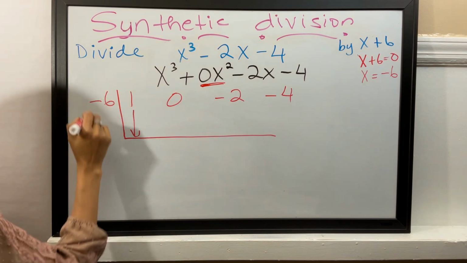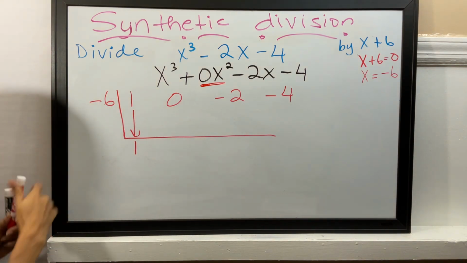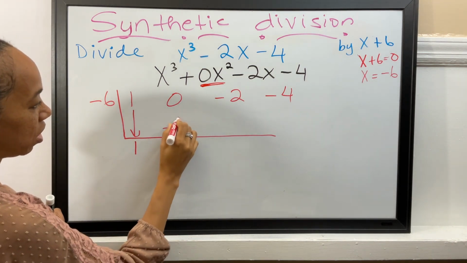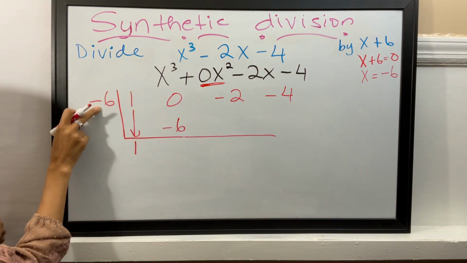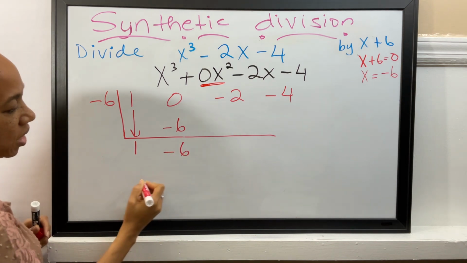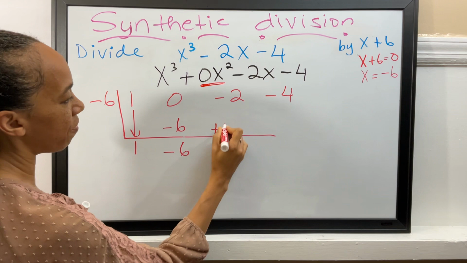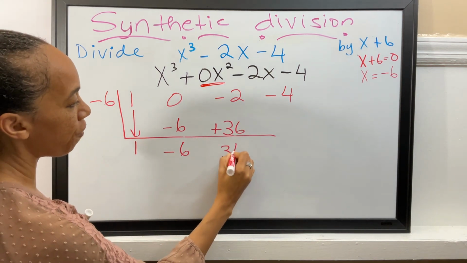So negative 6 times 1 is going to be negative 6. All right? Now we're going to add this, and it's simply going to be negative 6 here. So now negative 6 times negative 6 is going to be positive 36. Now this is going to give me 34.